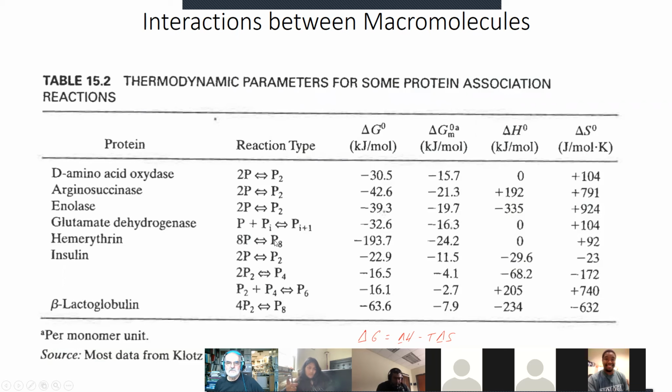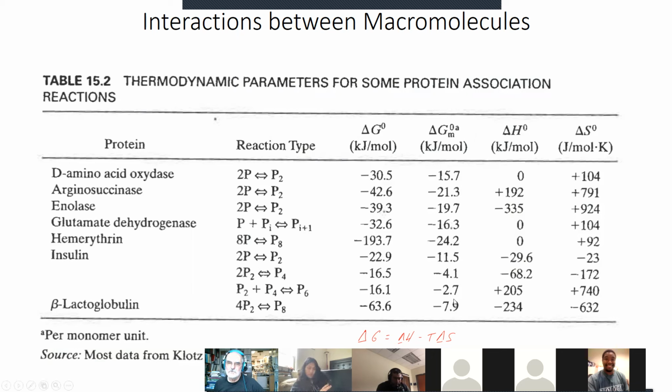And you can see that there's a lot of variation. You can have something that's as small as 2.7 favorable and something as large as 24 kilojoules per mole. Okay, so it tells you that the interfaces can be very different in size. The numbers of interactions can be very different. And so that makes a big difference in the overall magnitude per monomer.